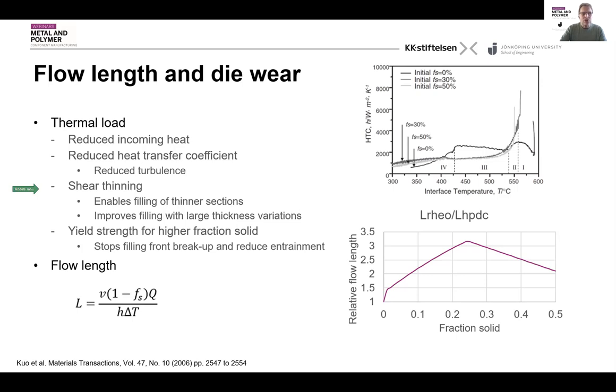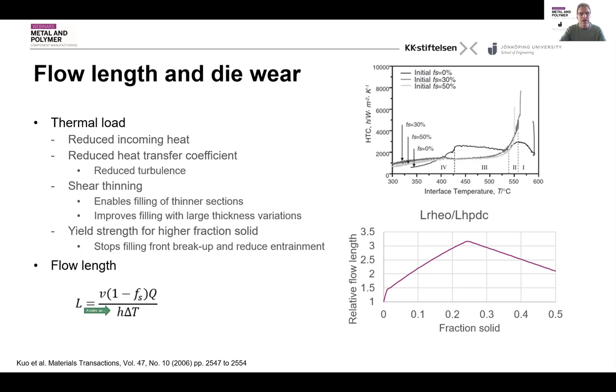Now, very important to think about here is the flow length. Exactly how the flow length varies with the fraction solid is not fully clear because it has effects with shape and so forth of the particles. But we know that first, you will have a change of heat transfer coefficient from a very high heat transfer coefficient and a rapid heat transfer to a slightly lower heat transfer coefficient, which is H in this equation here.